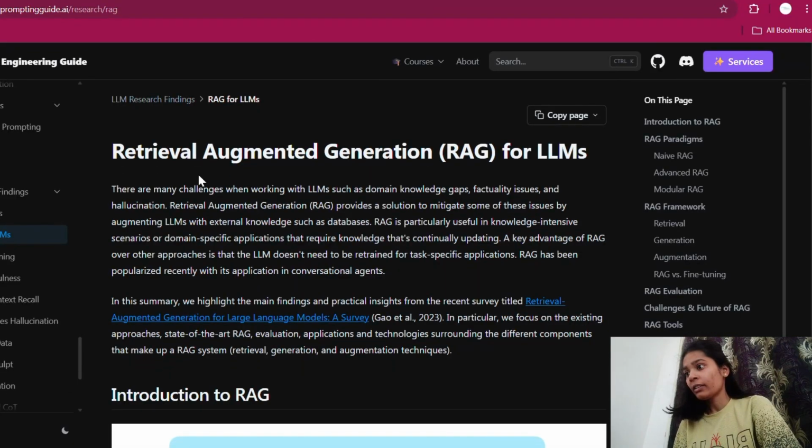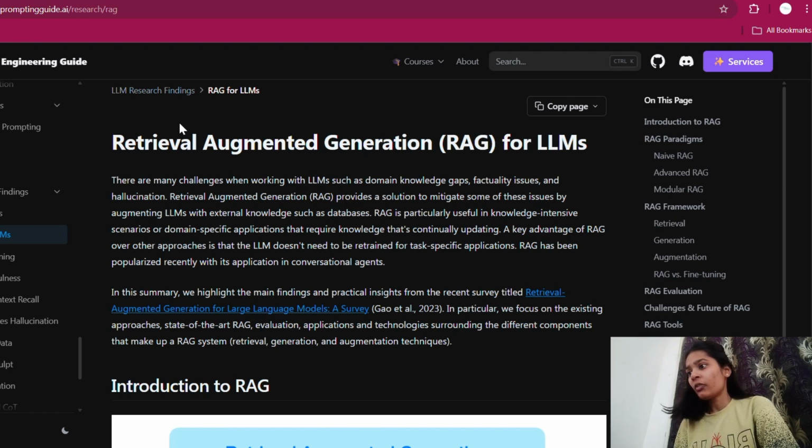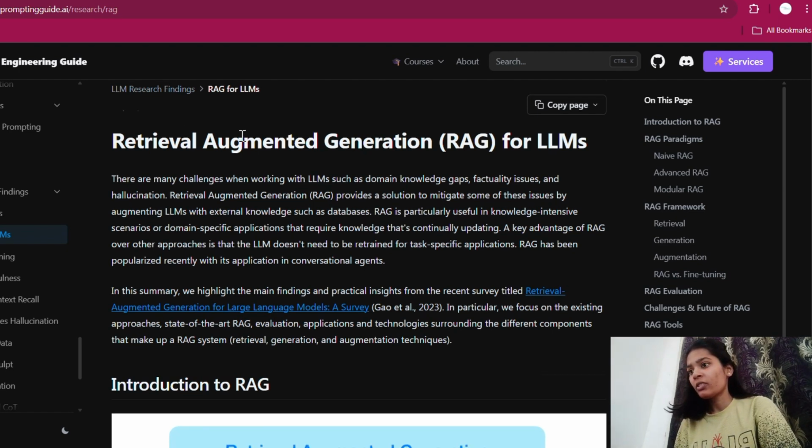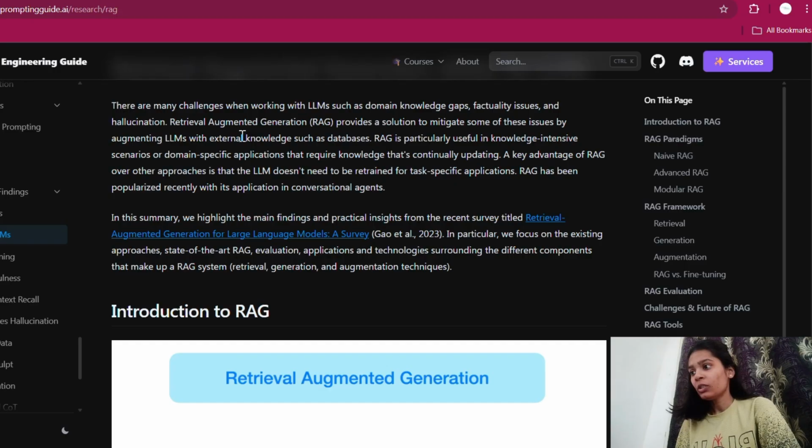Okay, so let's talk more about RAG. Let's see this website, promptingguide.ai. On this website we will see Retrieval-Augmented Generation, RAG, for LLMs.